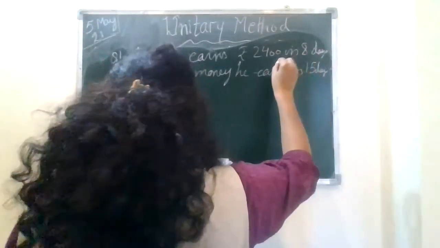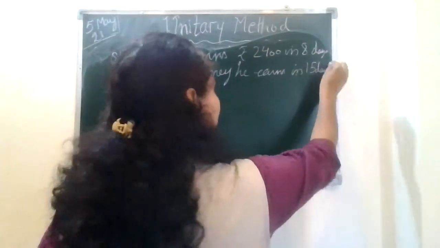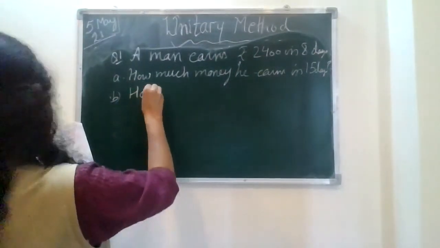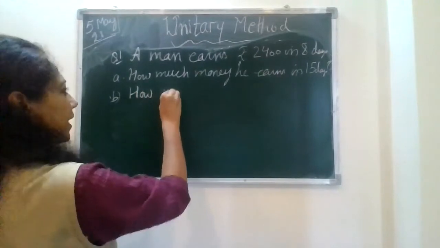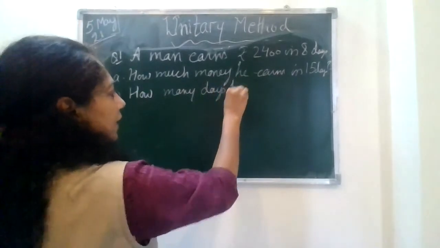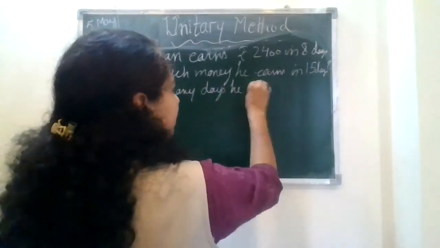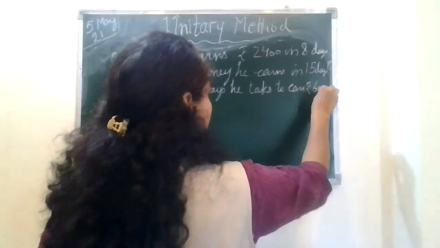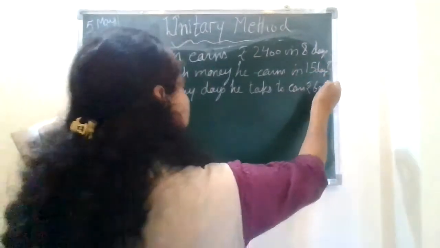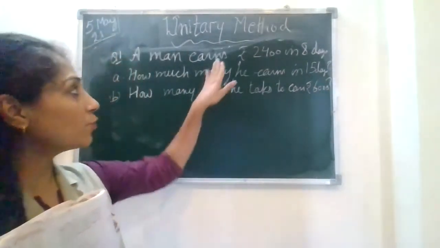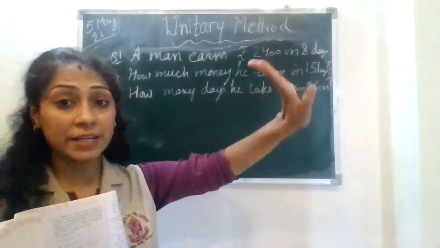And how many days will he take to earn rupees 6,000? Fine, rupees 6,000. Now, in these two questions, the relationship which is given is 2,400 rupees in 8 days.